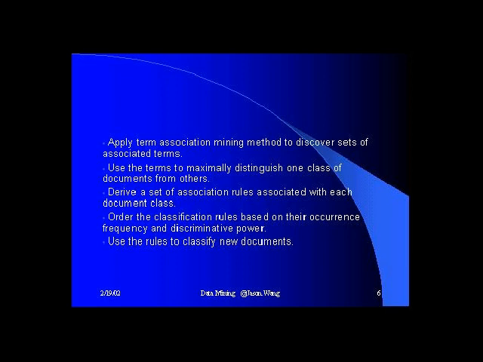Those keywords become representative keywords if they appear in high support or high confidence association rules. Then for a new document, you look at the keywords inside and see how they match with the representative keywords for different classes of documents, and use those matchings to determine where this new document should be assigned to.